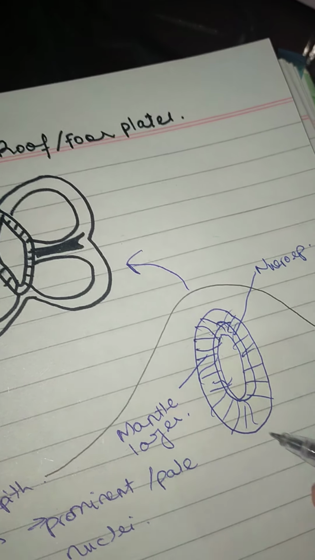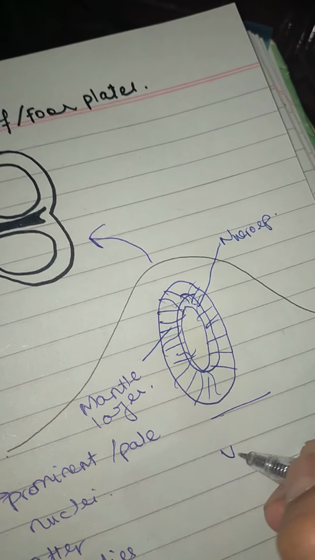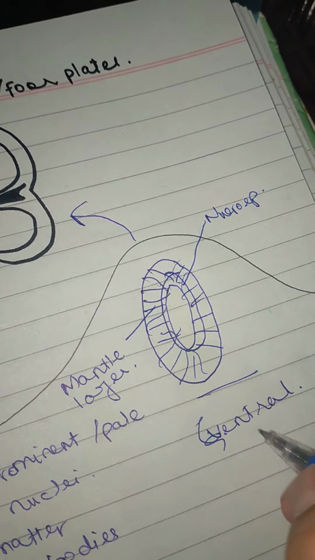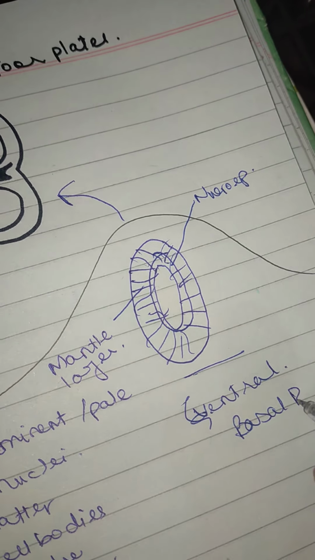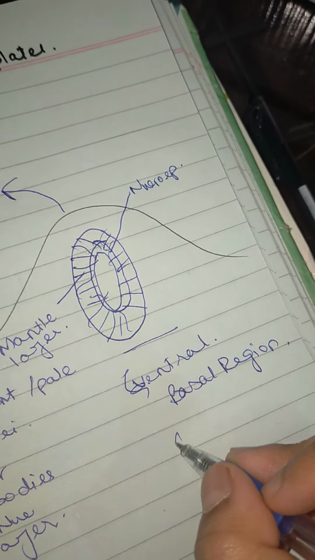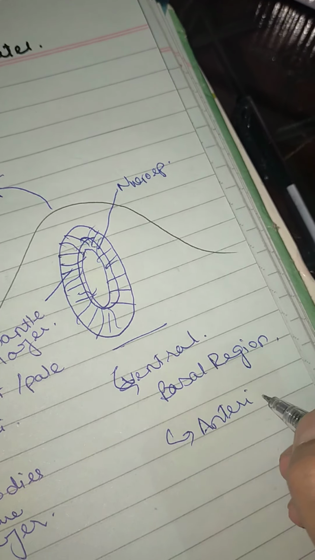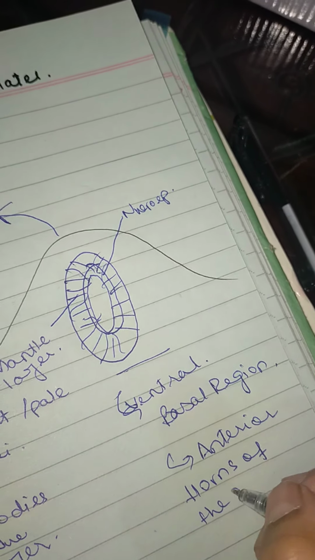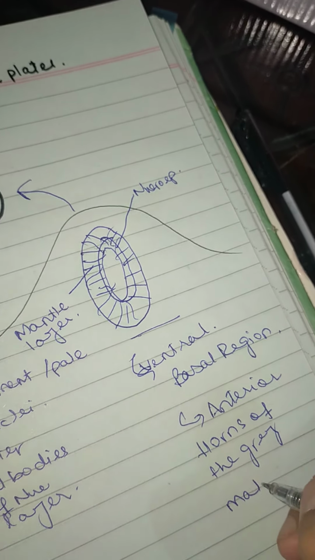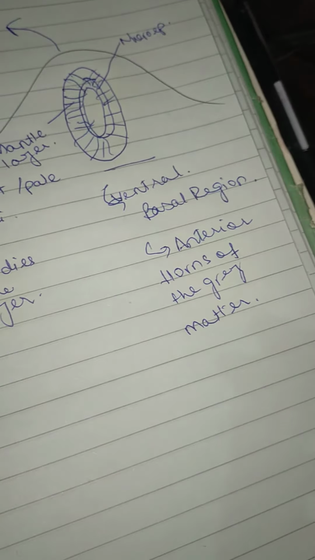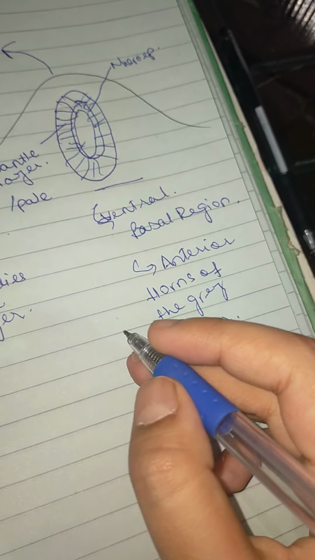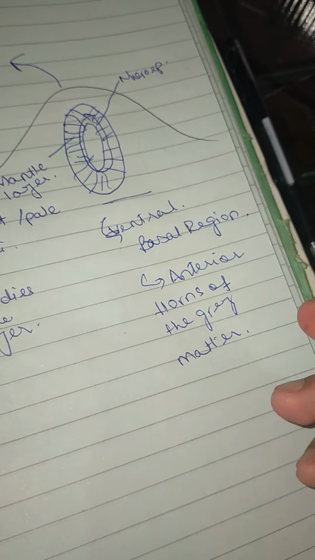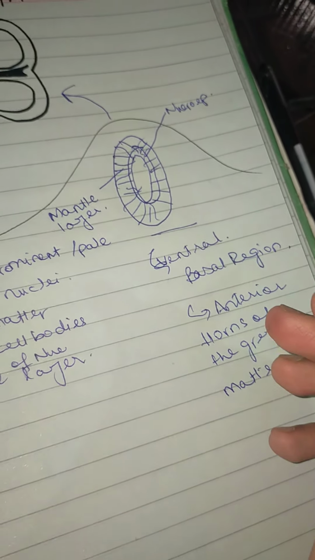Okay, and basically the ventral part of the neural tube will form the basal region of the mantle layer, which is going to form the anterior horns of the gray matter, which are responsible for motor function, which are responsible for carrying information from the central nervous system to the muscles as well as the targeted glands, which have to respond to the stimulus.